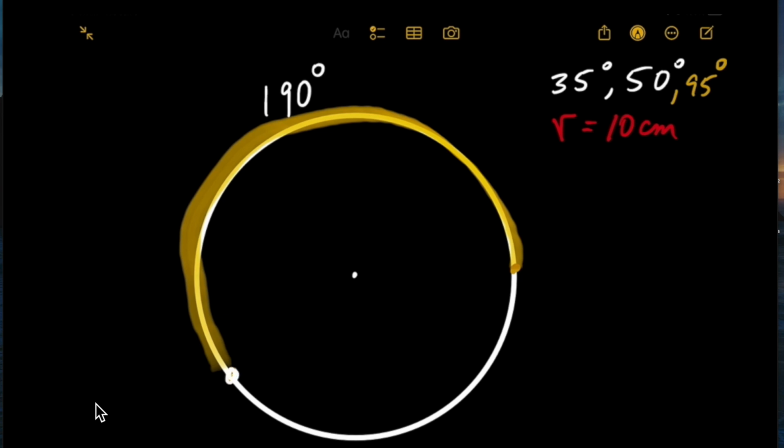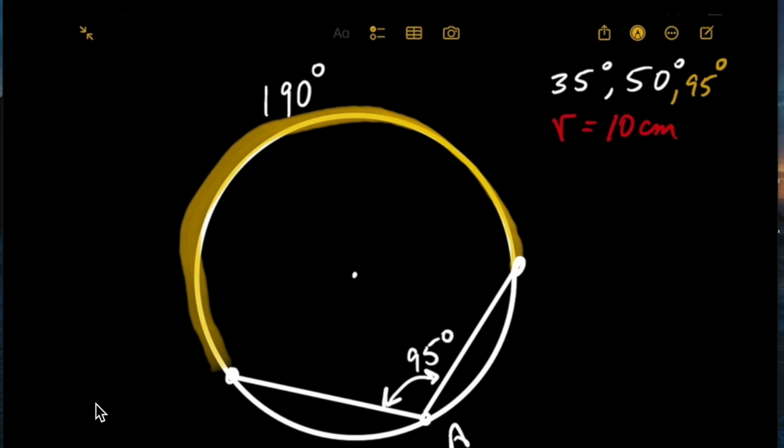That means that yellow is the captured arc, and we're going to put this point on the circle, and this is going to be our angle A right here. So this angle right here is 95 degrees, and the arc that it captures is 190 degrees. So by definition, that center is outside the triangle.